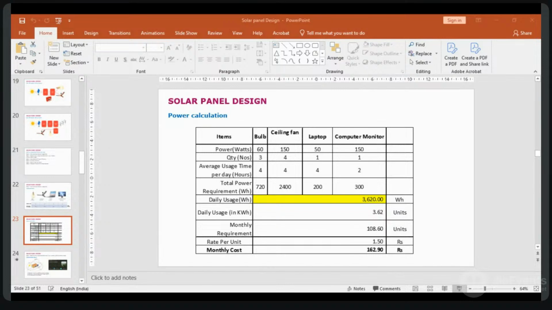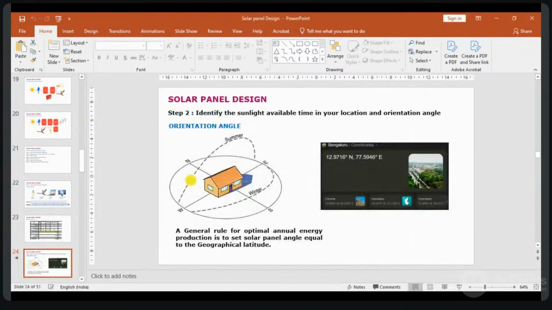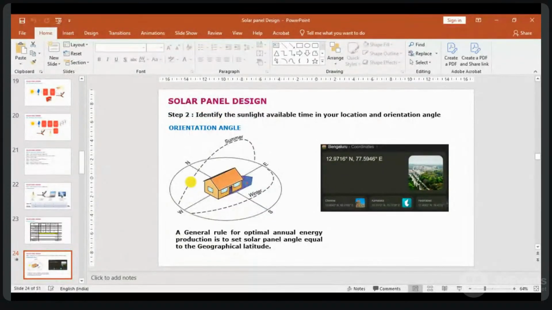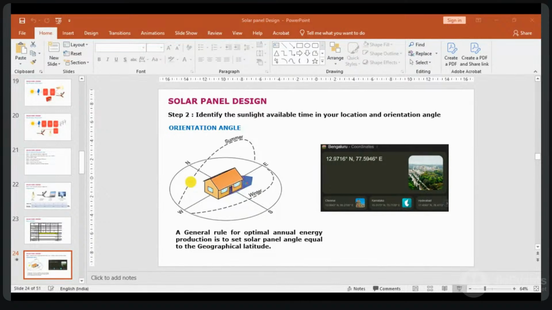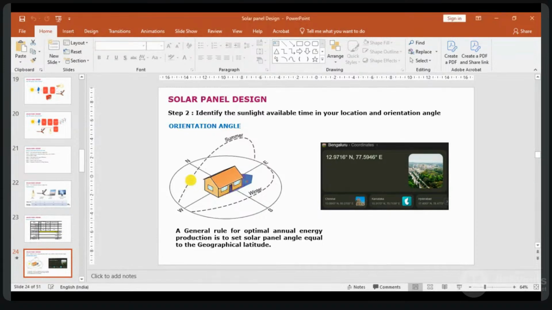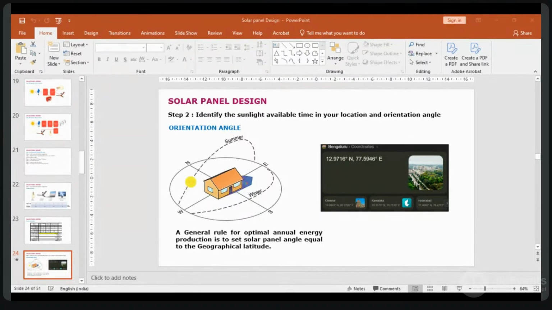Sorry for the disturbance, sir. The slide is not showing. Sir, you are talking about the geometry, right? This one, sir. Is the slide visible now, sir? It is not in slideshow mode, sir. First time I'm using it, sir. One minute.